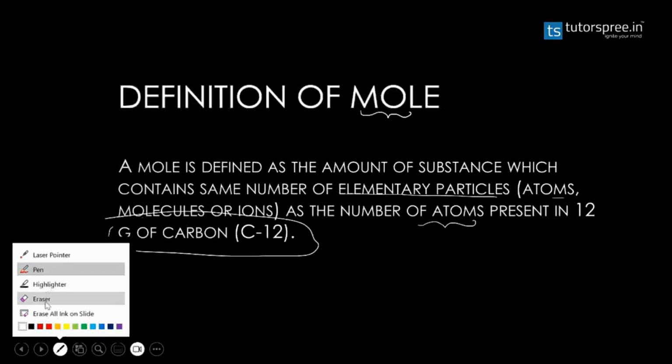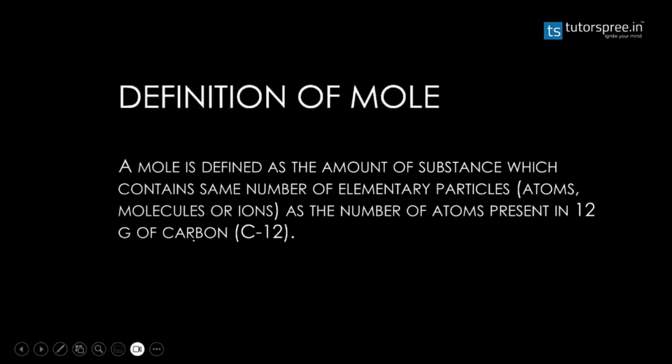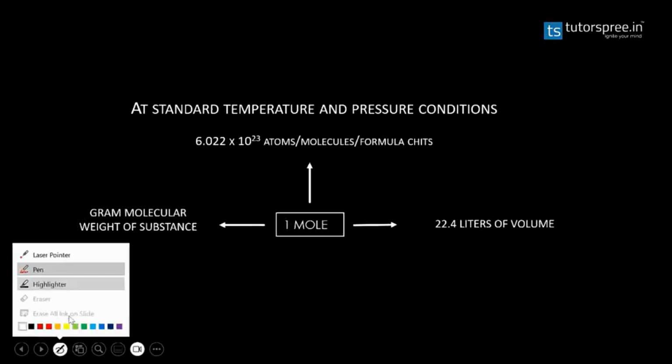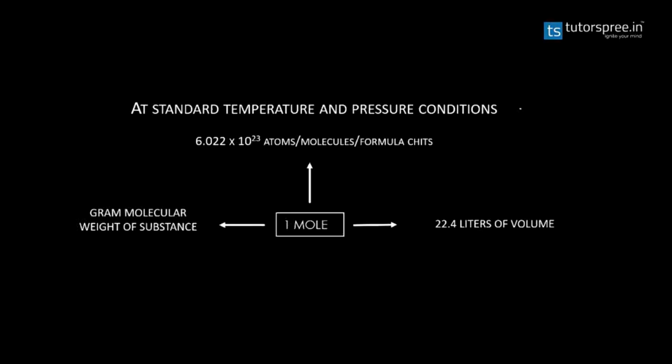Then coming to the conversion of mole. We will have two conditions. One is standard temperature and pressure conditions, and the other is room temperature and pressure conditions. What is the standard temperature and pressure condition?